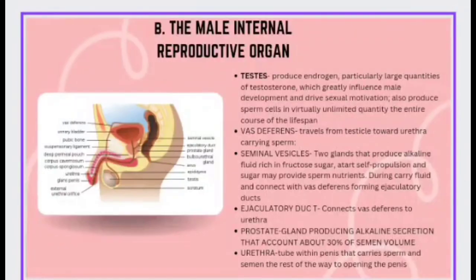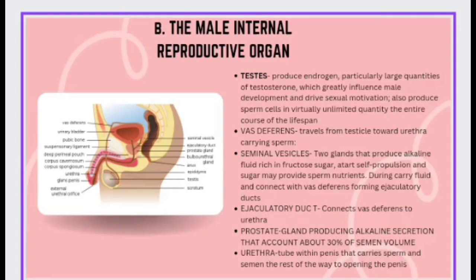Let's come now to the male internal reproductive organs. Number 1 is the testes. They produce androgens, particularly large quantities of testosterone, which greatly influence male development and drive sexual motivation. They also produce sperm cells in virtually unlimited quantity over the entire course of the lifespan.